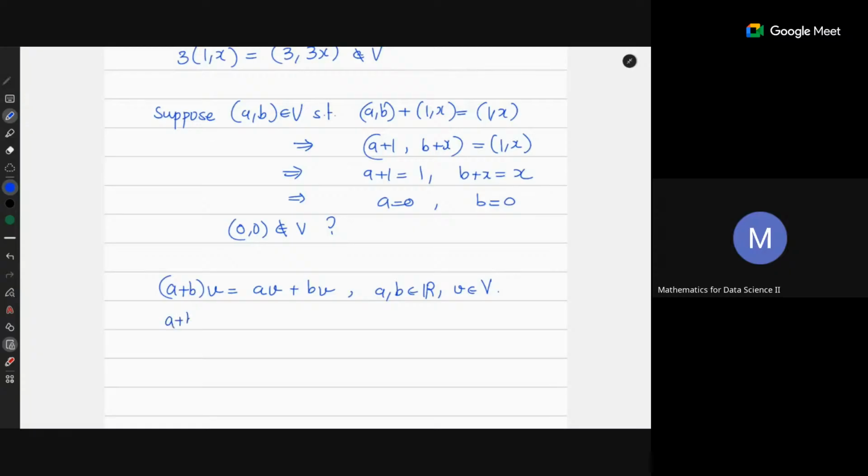What is the vector v? (1, x). Let's take the LHS first and solve that. It will give you (a + b, (a + b)x). That is (a + b, ax + bx). Now what is the RHS? The RHS is a(1, x) plus b(1, x).